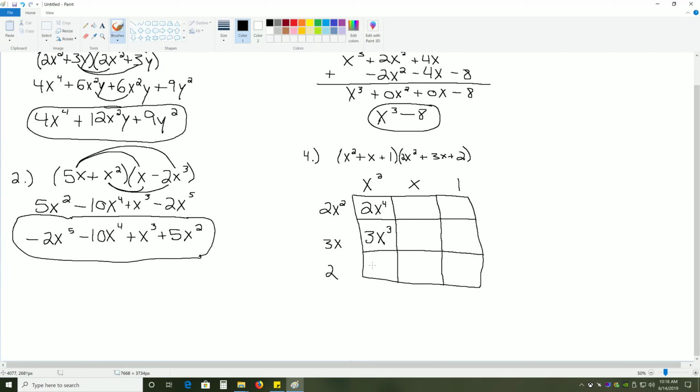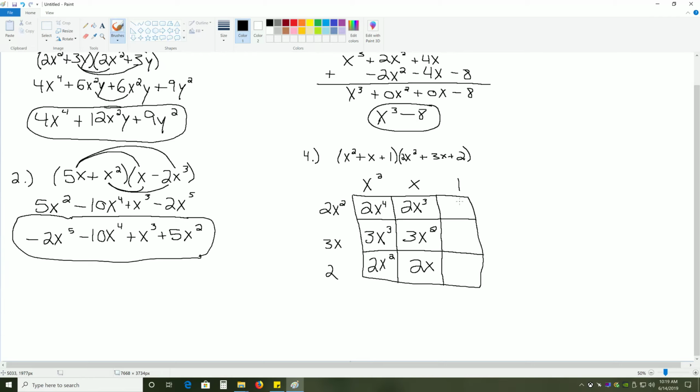And finally, in this box, we have 2 times x squared gives us 2x squared. And now we're going to repeat this process for every box. In this box, we have 2x squared times x, which is 2x to the 3rd. In this box, we have 3x times x, which is 3x squared. Here we have 2 times x, or just 2x.